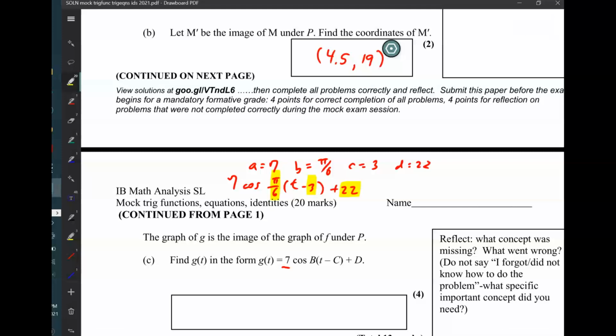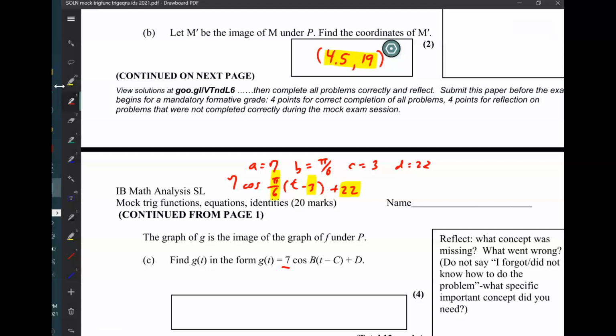Okay, and we do know that the new M dash, the transformed location of the maximum, is now (4.5, 19). That really helps us because the C value is one of the trickiest things to find, and the C value is given by the 4.5 here.